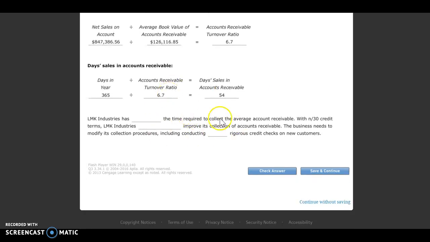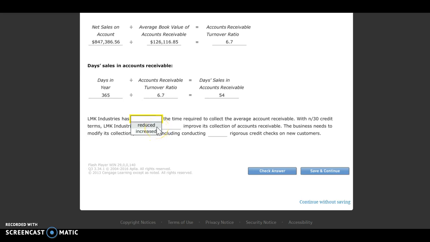Okay, so then it has us fill in some information. So LMK Industries has blank the time required to collect the average account receivable. So has it reduced the time or has it increased the time? So they do tell us the prior year was at 6.4 and now we are at 6.7.